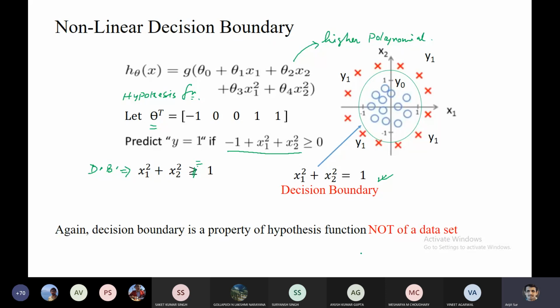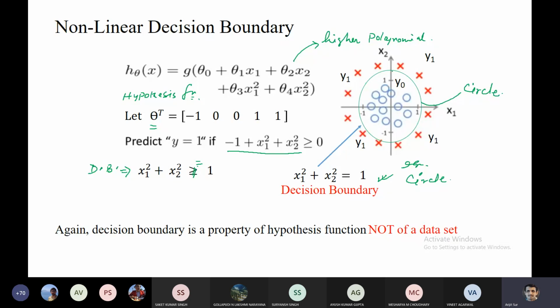So it is basically the equation of a circle, so your decision boundary is a circle. There is some small problem there, it looks like an ellipse, but just imagine it's a circle. Again, the decision boundary is not a property of the data, because we can easily draw the decision boundary in a different way.